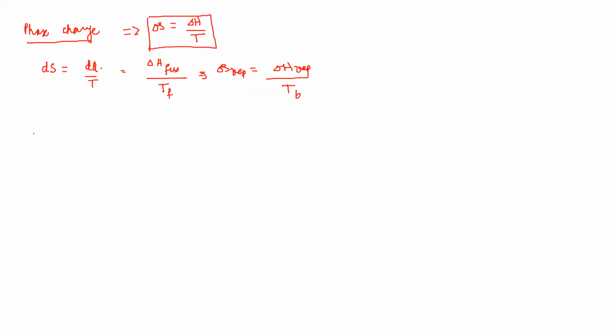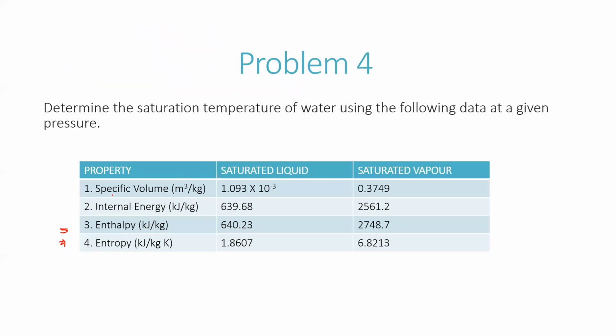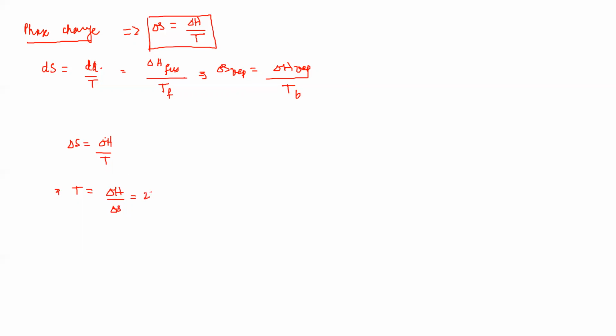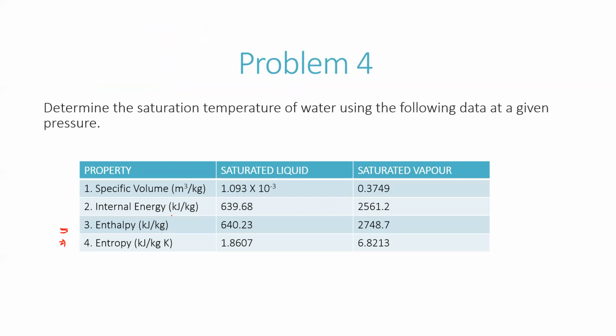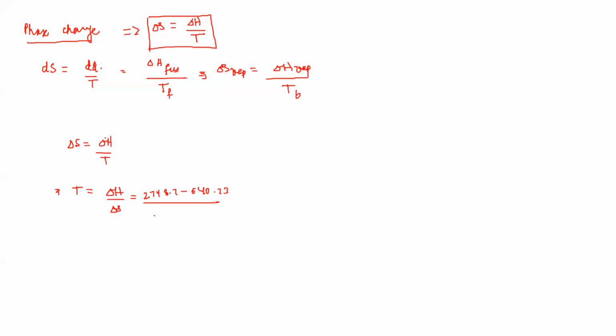The change in entropy is equal to delta H by T. Hence, saturation temperature is delta H by delta S. So delta H is 2748.7 minus 640.23 upon entropy change, which is 6.8213 minus 1.8607.